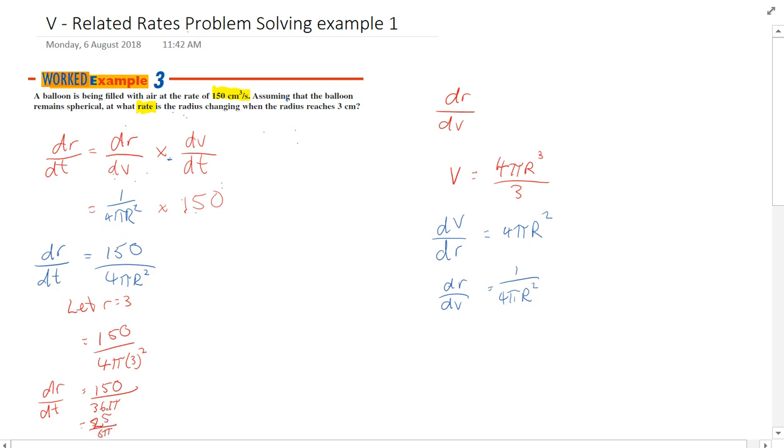So we can finish off by saying when r equals 3, the radius is changing at 25 over 6 pi centimeters per second. The units will match up with the units that we've been given. All right, there's our related rates problem using a chain rule.